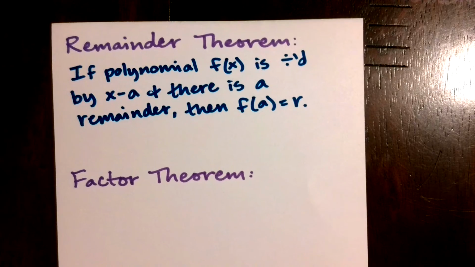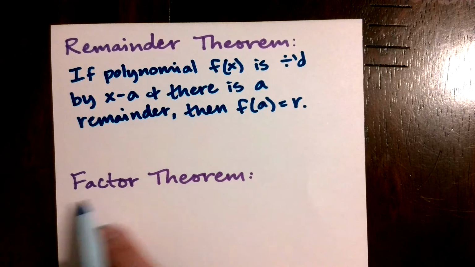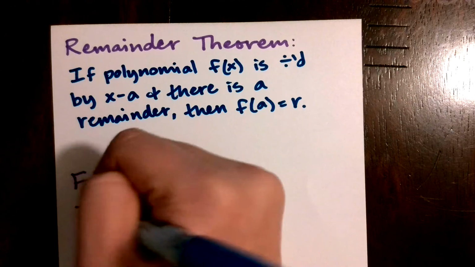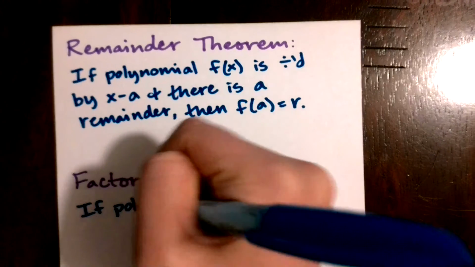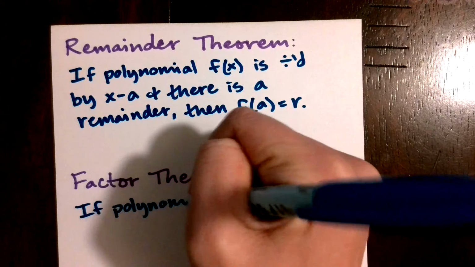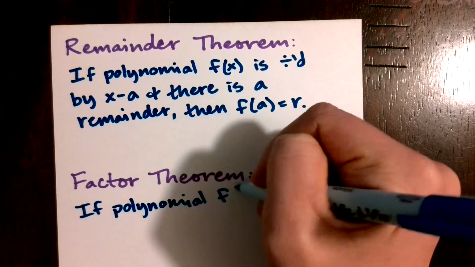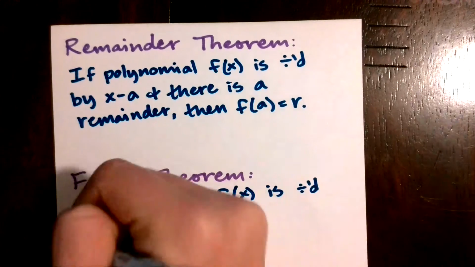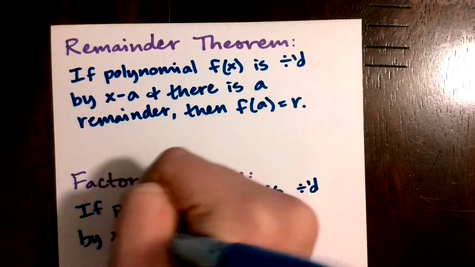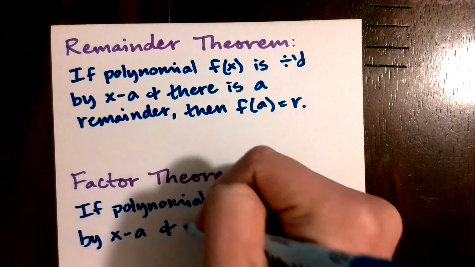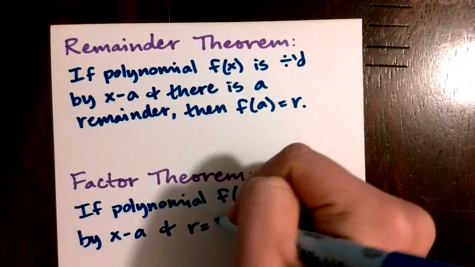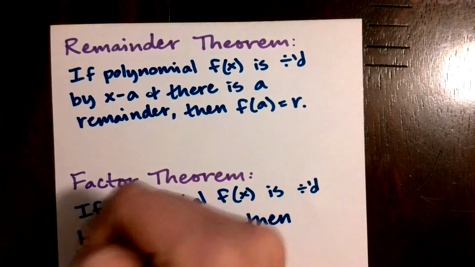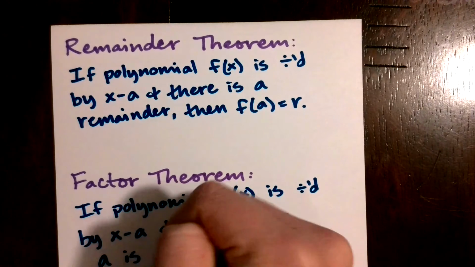It's kind of interesting. Piggybacking off of that, the factor theorem says, even more importantly, if polynomial f of x is divided by a factor x minus a, and the remainder equals 0, then a is an x-intercept.